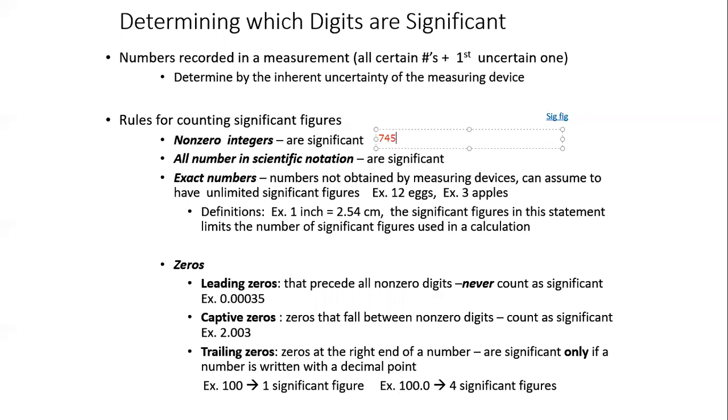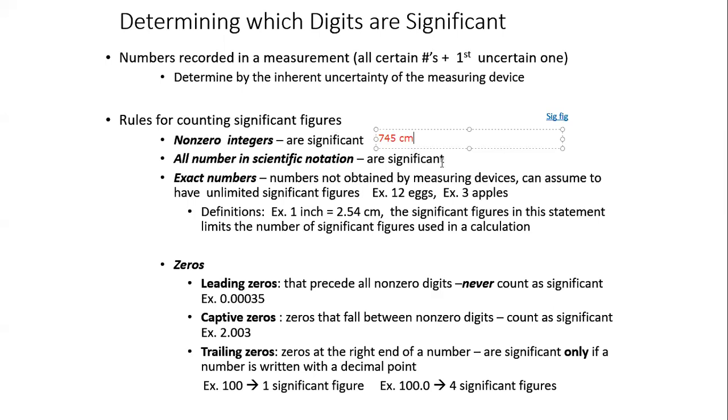They're all important numbers for this measurement, say 745 centimeters. So that's the first rule. Anytime you see a non-zero number in a number, it is significant.